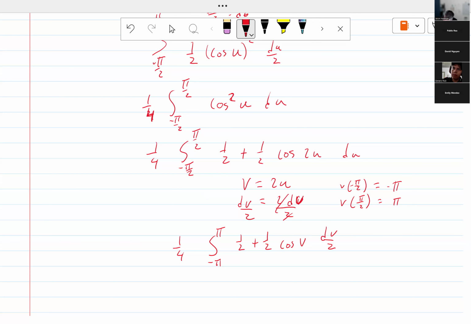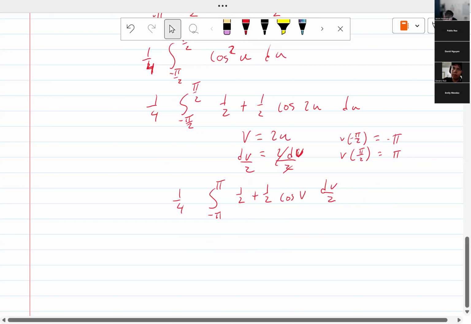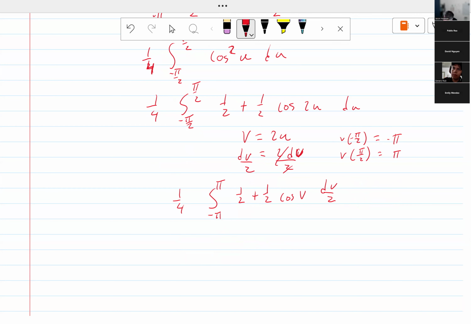Now I can factor a 1/2 here, so this becomes 1/2 times 1 plus cosine v, with another 1/2 and then a dv. I can pull both of these 1/2s out in front, and this becomes 1/16 total, the integral from negative pi to pi of 1 plus cosine v dv.